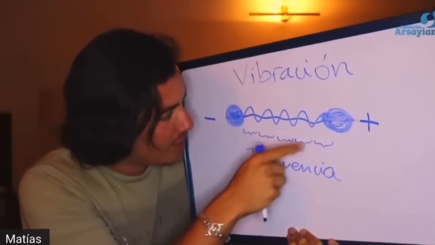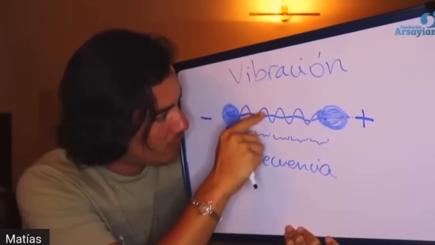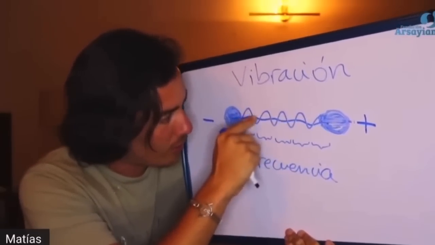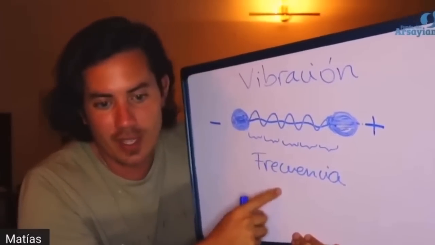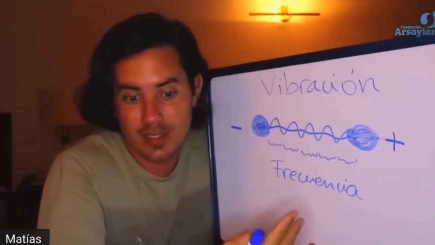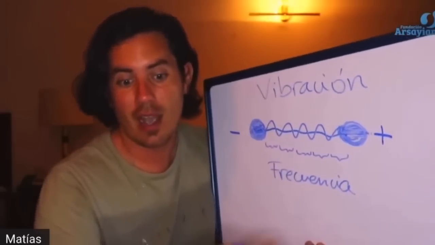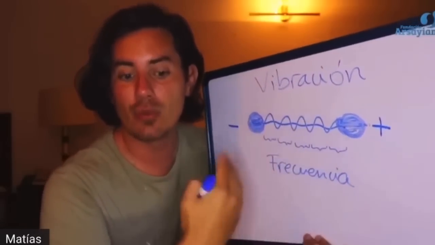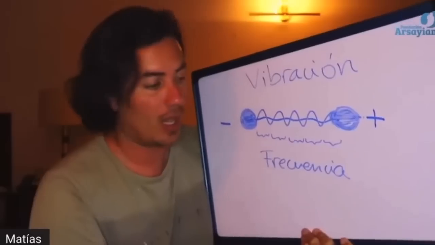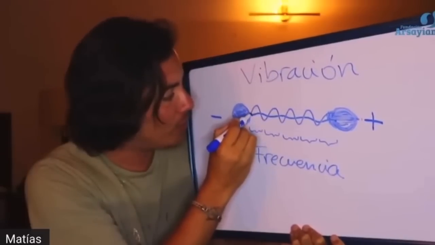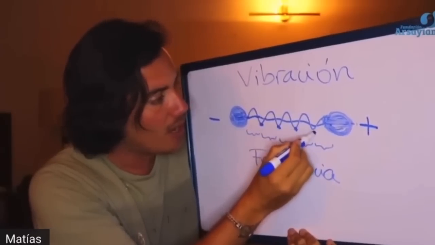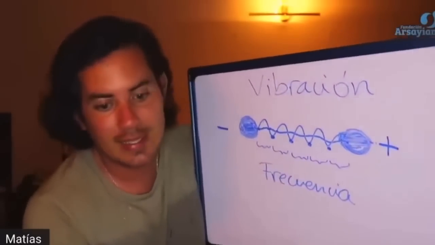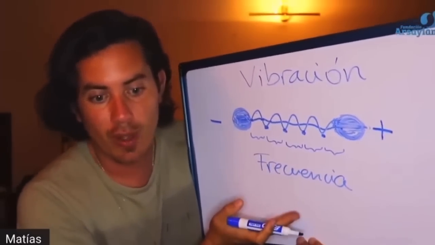And this here, one going up, and the other one going down, are frequencies. What is a frequency? A frequency is how long it takes something to repeat. How long it takes for this point here to repeat here, or this one to repeat again. That's what we call a frequency.